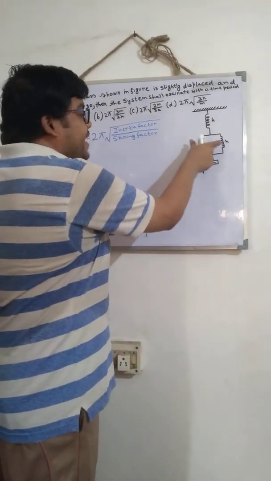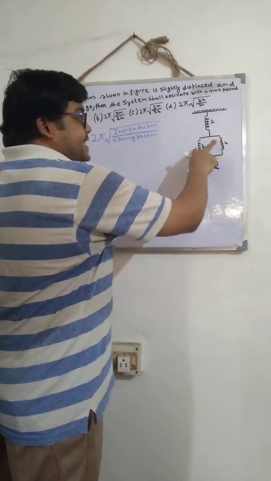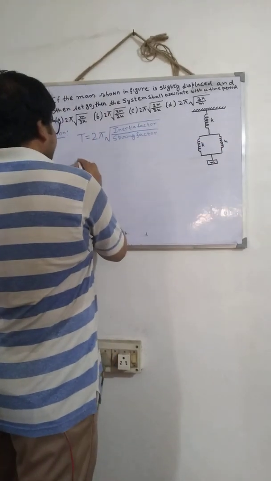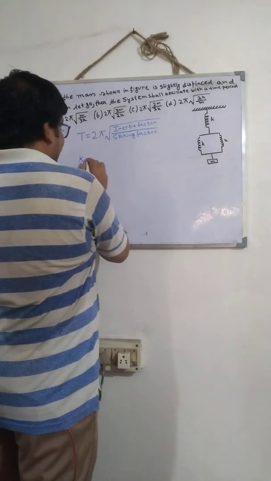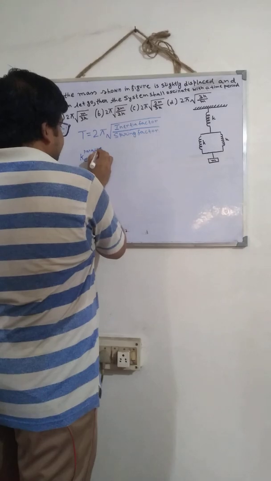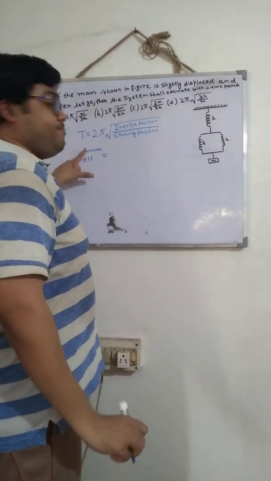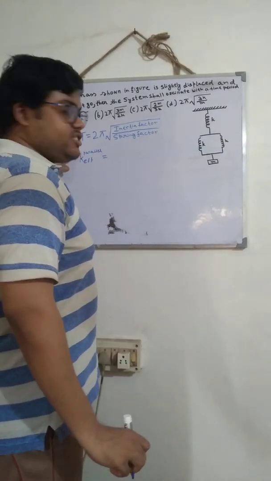Now these two springs are in parallel connection. So the effective spring constant of these two is K effective, with effective in subscript position and parallel in superscript position.